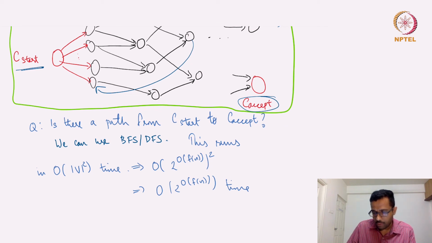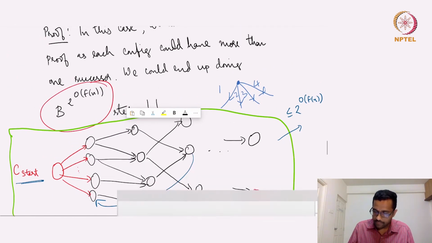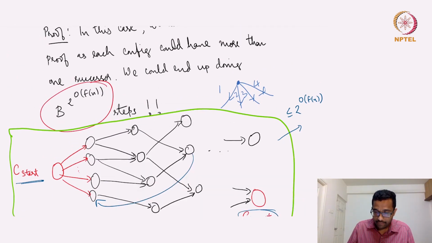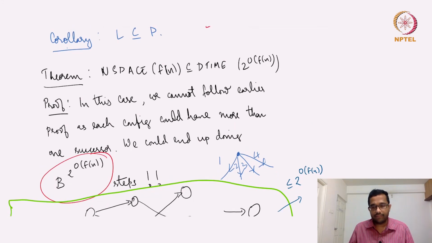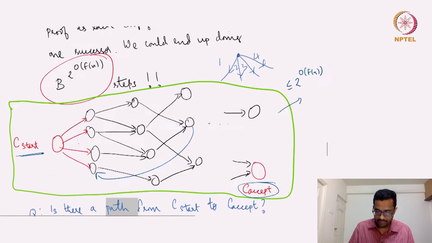The number of vertices is 2^O(f(n)), so it is the square of that. But there is an O in the exponent, so the square can be absorbed by it. So 2^O(f(n)) time. That's how NSPACE of f(n) is contained in DTIME of 2^O(f(n)).